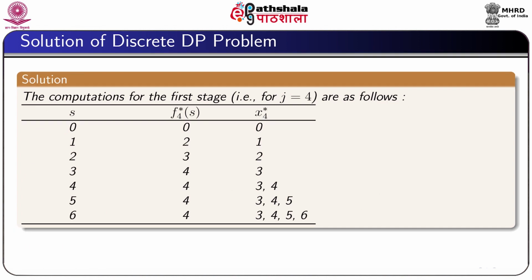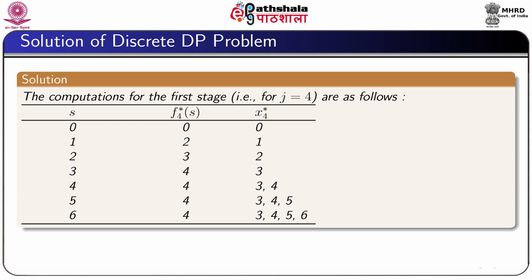The computations for the first stage, that is, allocating at store 4, are as follows. The available crates are 0, 1, 2, 3, 4, 5 and 6, and the units which we can allocate to store 4.